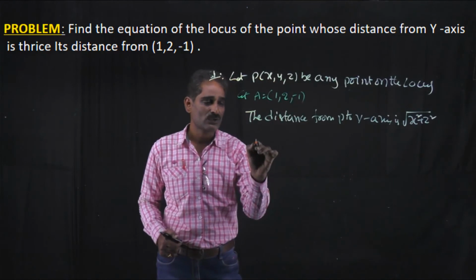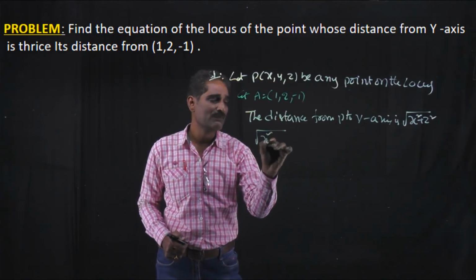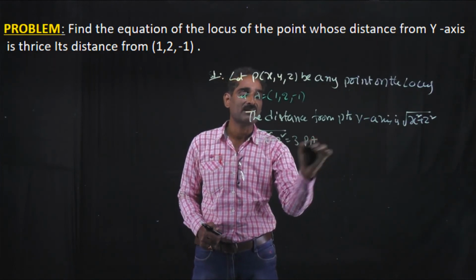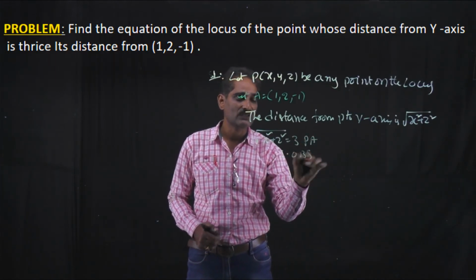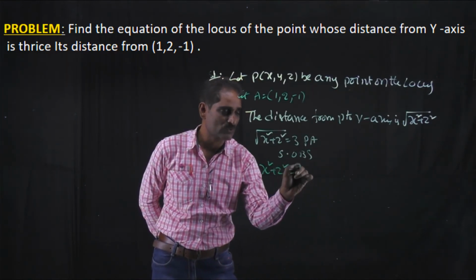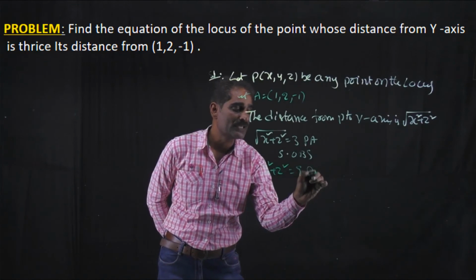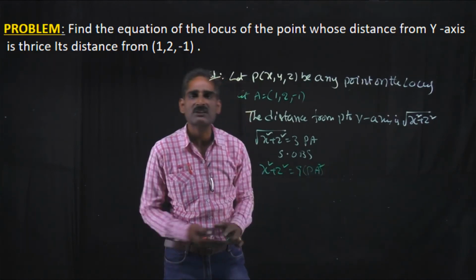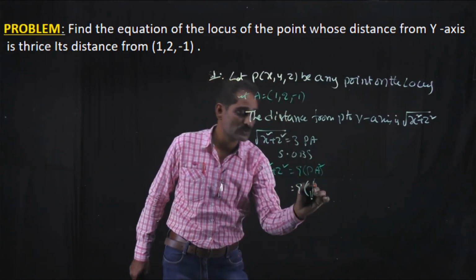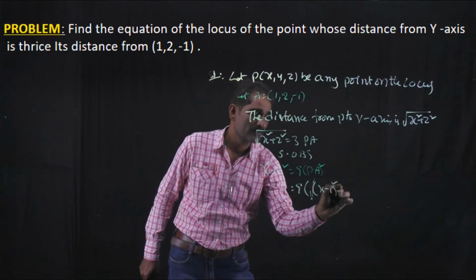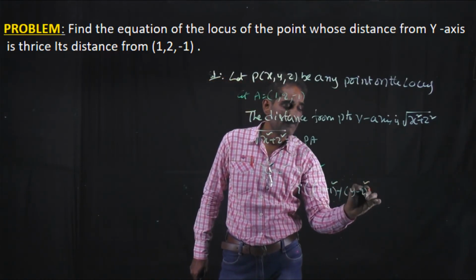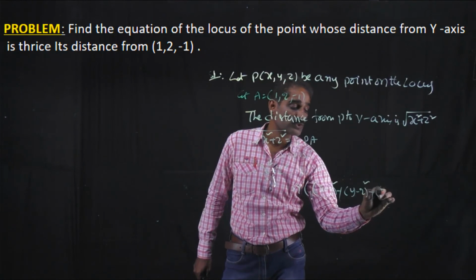That means root of x square plus z square is equal to 3 into PA. So squaring on both sides, we get x square plus z square is equal to 9 into PA square. PA square is nothing but the distance from P to A squared, that means x minus 1 whole square plus y minus 2 whole square plus z plus 1 whole square.